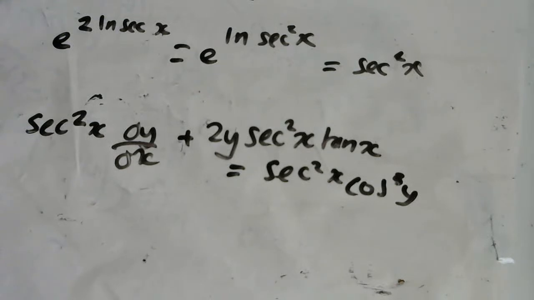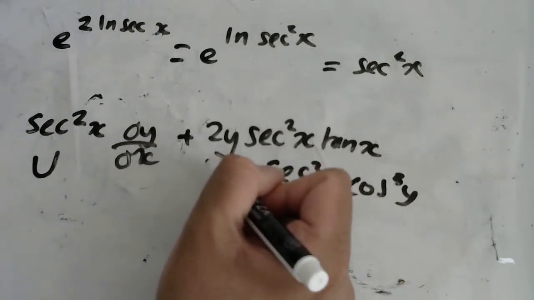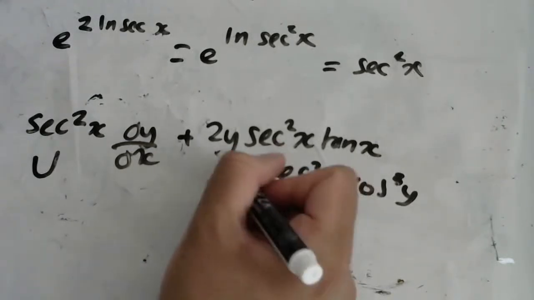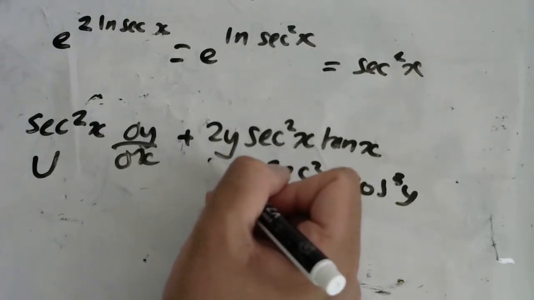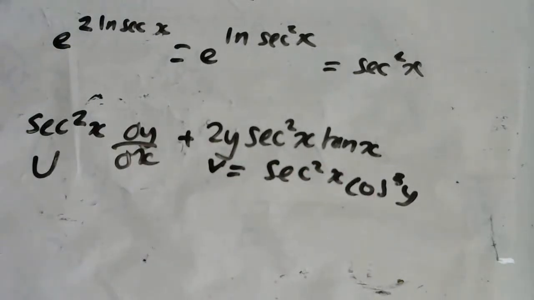Product rule. And it's pretty clear that if you made this u and that v, I think the sec squared x is the u, and then just the y is the v. Then you've got product rule. And if you don't believe me, by all means, differentiate and see how that works for you.